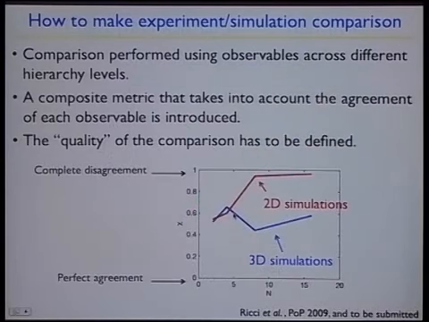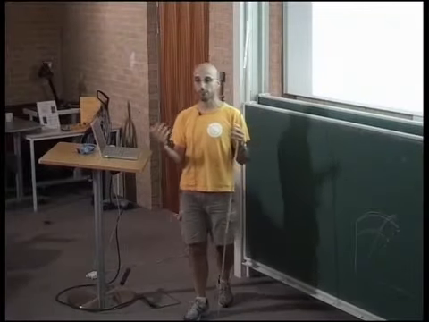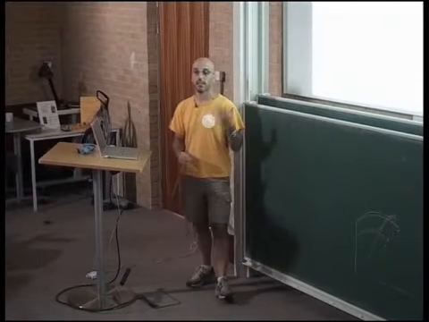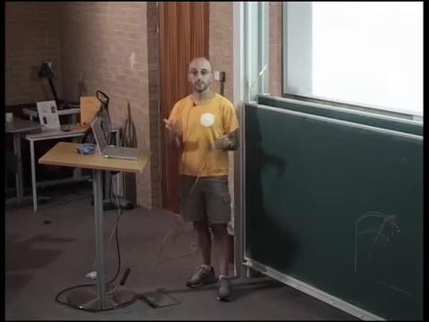So the last point is how can we make an experiment and simulation comparison? What we have pointed out is that a comparison has to be performed by using observables, by using quantities across different hierarchy levels. It's not possible to compare simulation and experiment just by looking at the level of transport, because maybe the properties of the instability that drives this transport are different in the two.